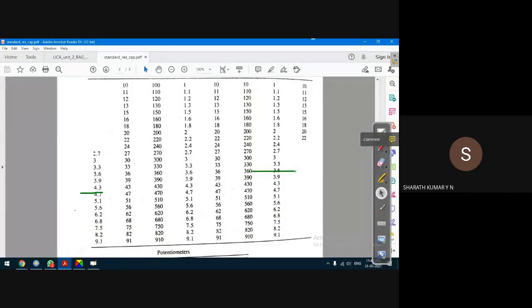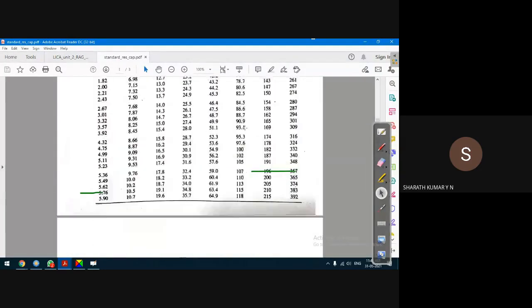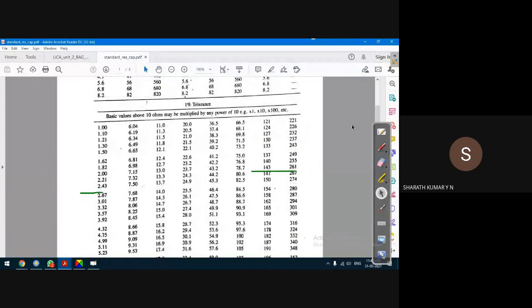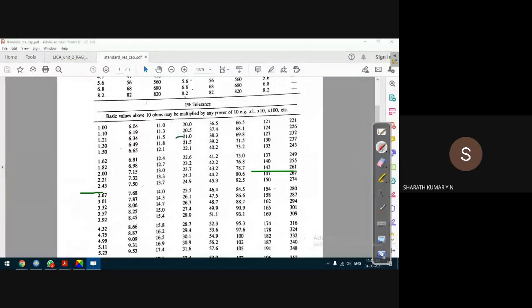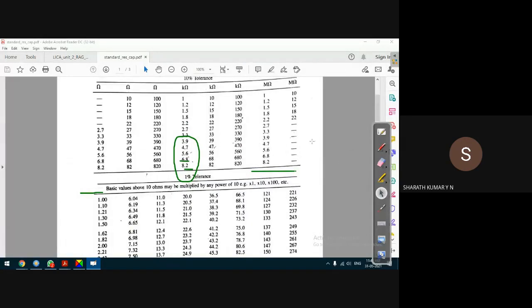See, the difference in terms of tolerance is that if you go for 1% tolerance, you can see that fractional standard value resistors are also available. If you go for 10% tolerance, you don't get fractional values.